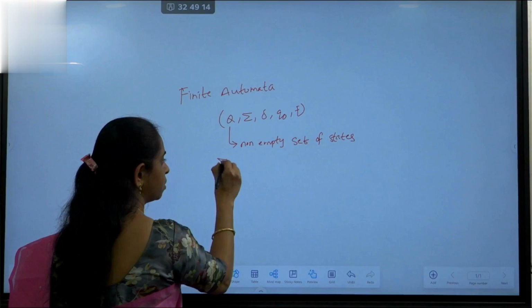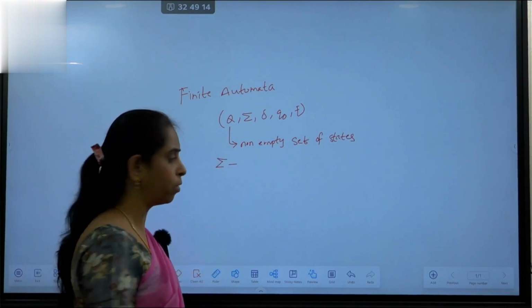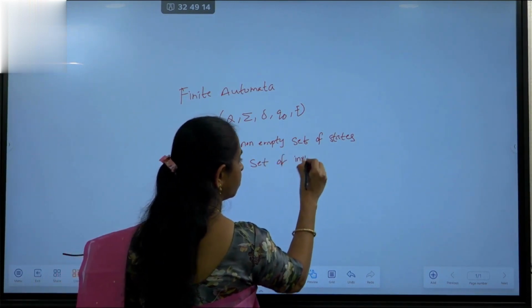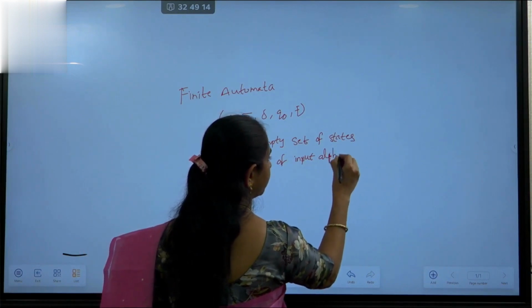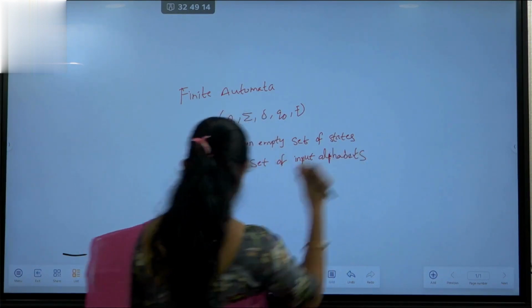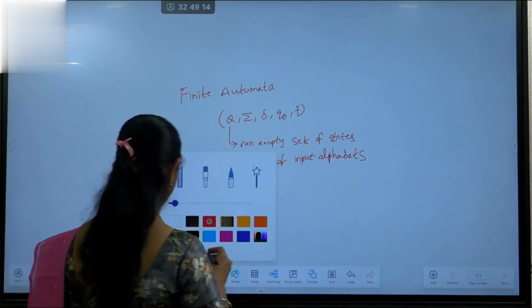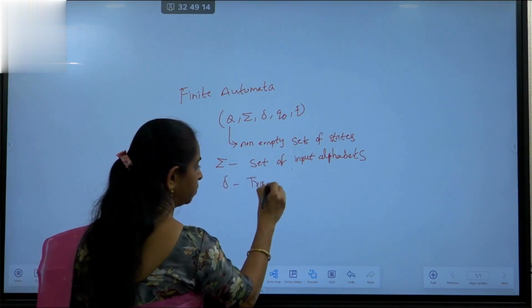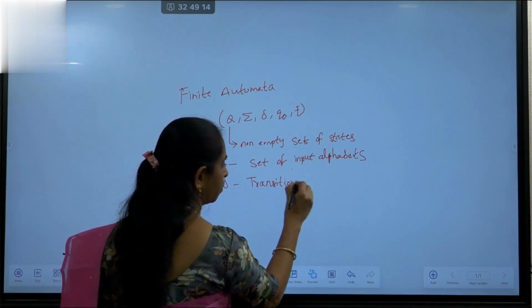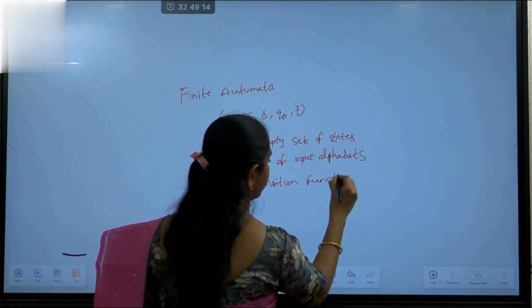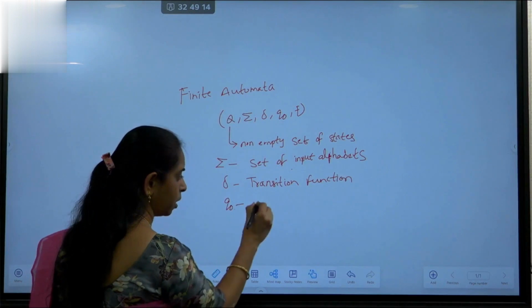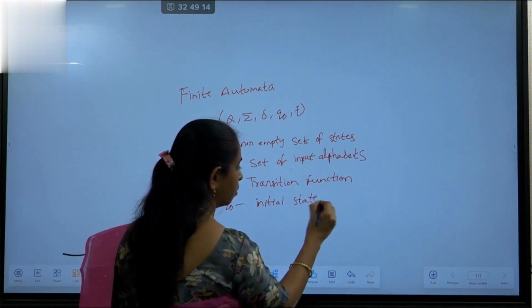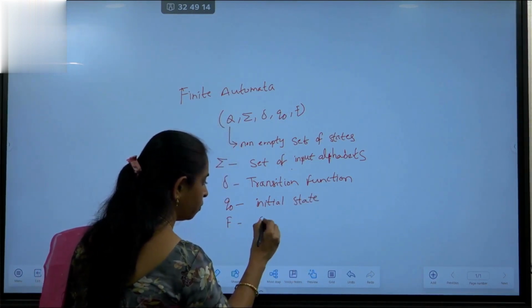Sigma is the set of input alphabets, delta is the transition function, Q naught is the initial state, F is the final state.